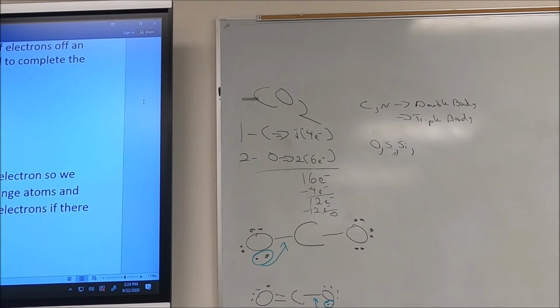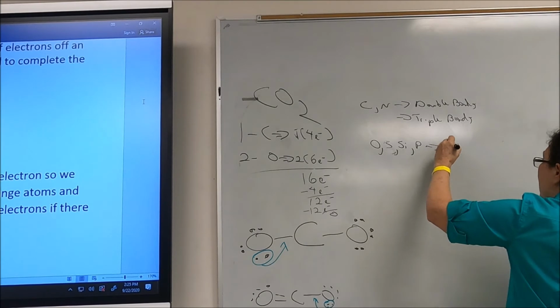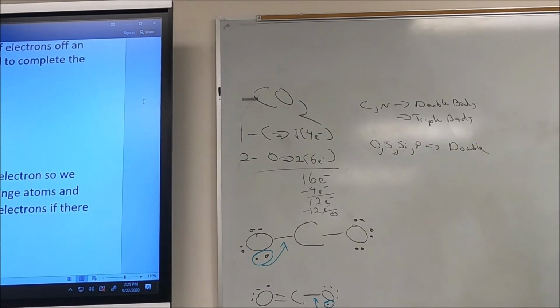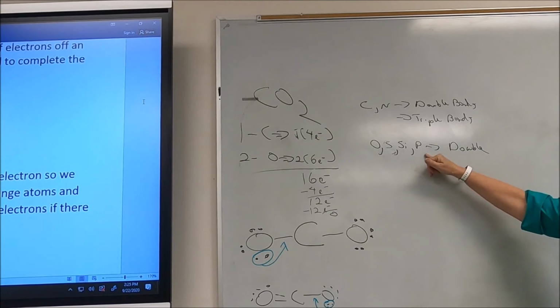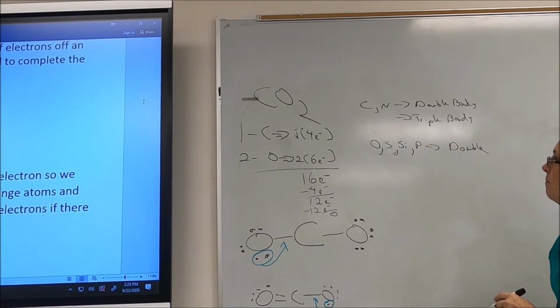Oxygen, sulfur, silicon, phosphorus. These guys can double bond pretty easily. Phosphorus, you can sometimes beat it into triple bonding. It doesn't really like to. Everybody else really wants to stick to single bonds. I can force some other things into forming double bonds, but it's not their first choice.